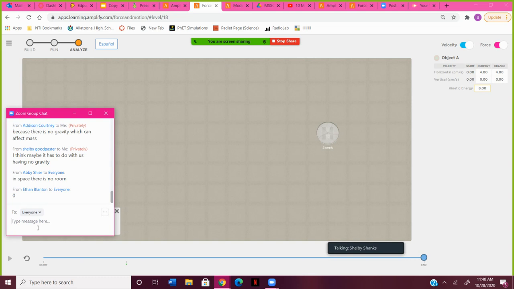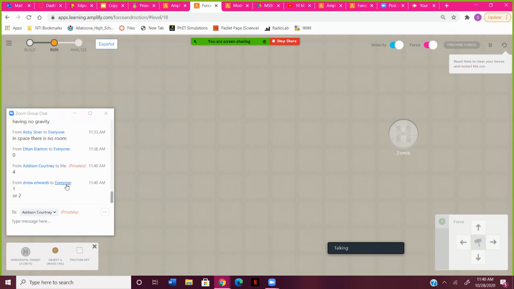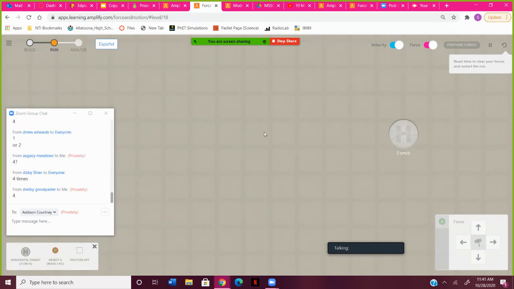How many times did I hit that arrow to the right? Okay, Addison says 4. She sent me a message. Drew says 1 or 2. Augusty sent me a message and said 4. Abby said 4 times. Okay, I'm seeing a lot of 4s.